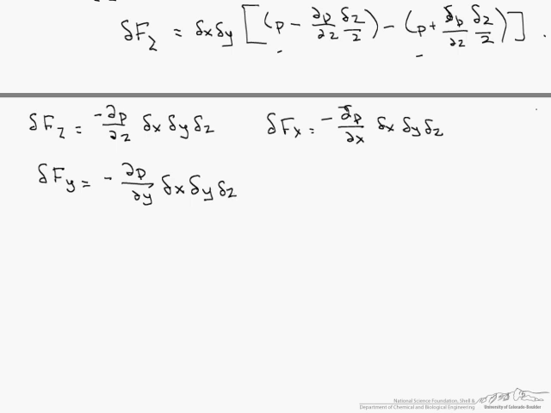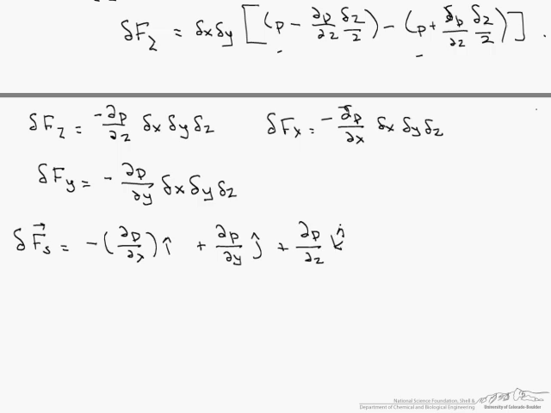Now if we write this in terms of a vector, the total surface force is going to equal minus dp/dx in the i direction, or the x direction, plus dp/dy in the j direction, plus dp/dz in the k direction, and this entire expression is multiplied by our dx, dy, and dz.